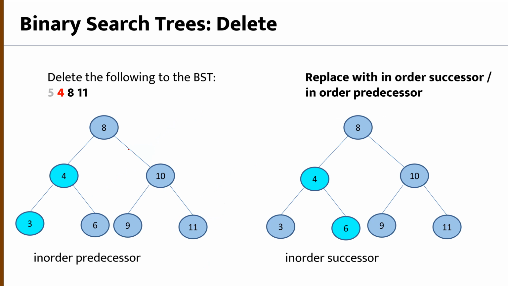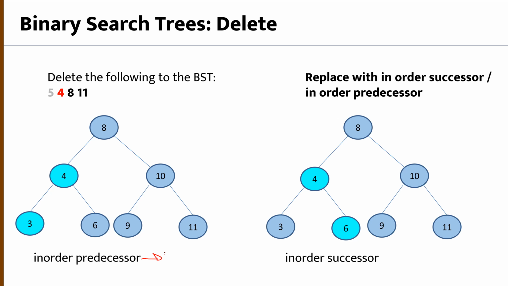So we can either replace it with its in order predecessor. And I'll actually write out the in order traversal here. One thing that's cool about the in order traversal is that if you do an in order traversal on a binary search tree, it will actually return the elements in order. But this is only on binary search trees. It can't be on any tree. And so the in order predecessor here will just be the number that's immediately less than 4.